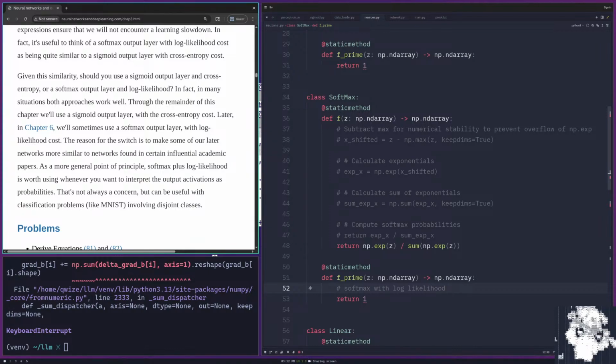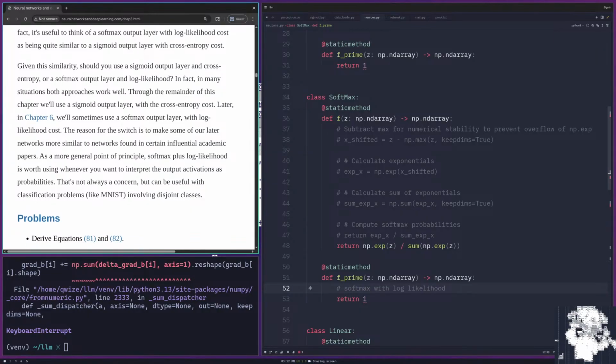Through the remainder of this chapter, we'll use a sigmoid output layer with the cross entropy cost. Later in chapter 6, we'll sometimes use a softmax output layer with log likelihood cost. The reason for the switch is to make some of our later networks more similar to networks found in certain influential academic papers. As a more general point of principle, softmax plus log likelihood is worth using whenever you want to interpret the output activations as probabilities. That's not always a concern, but can be useful with classification problems like MNIST involving disjoint classes.